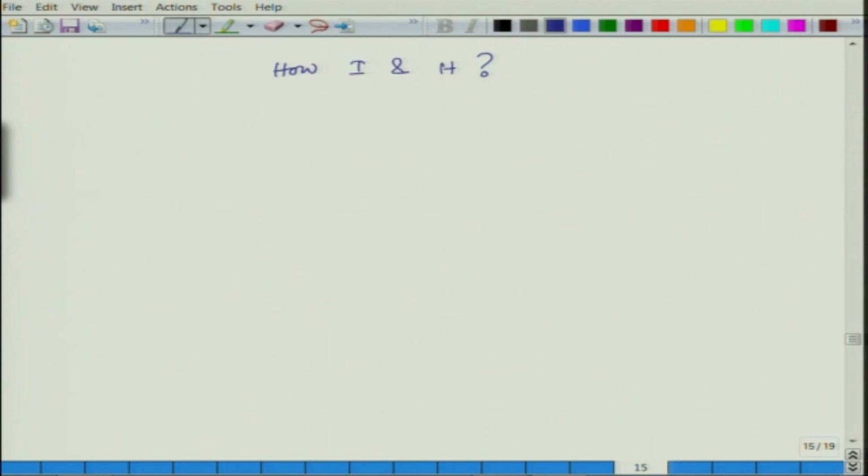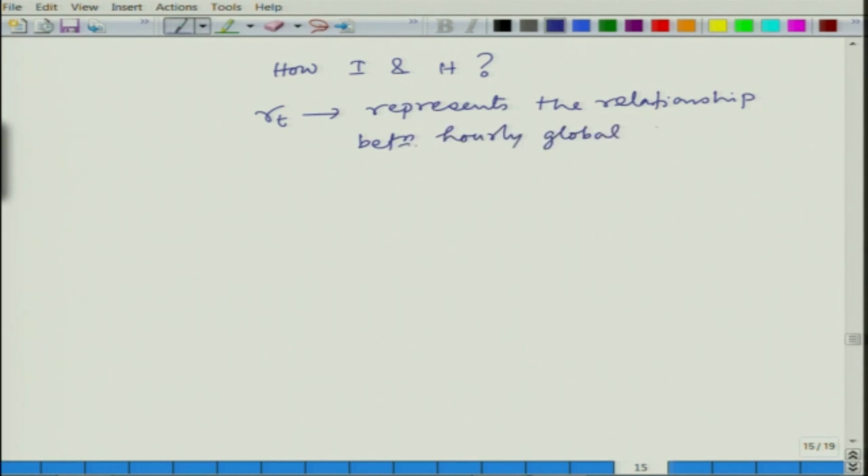We connect them by a ratio, r T, which represents the relationship between hourly global radiation and the daily global radiation.